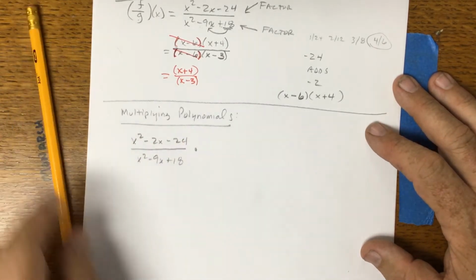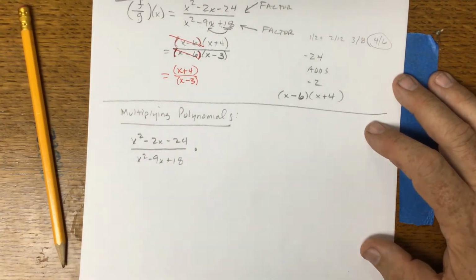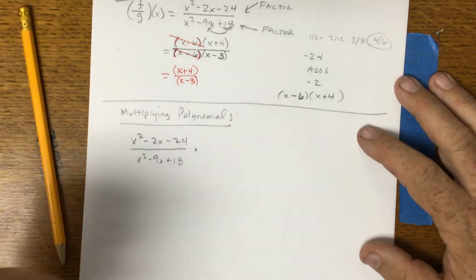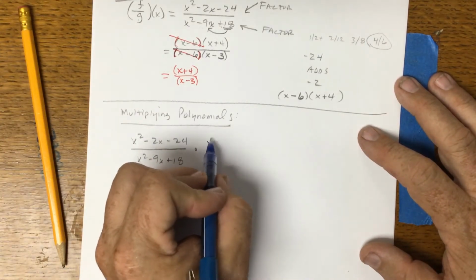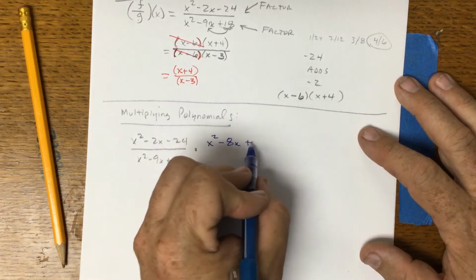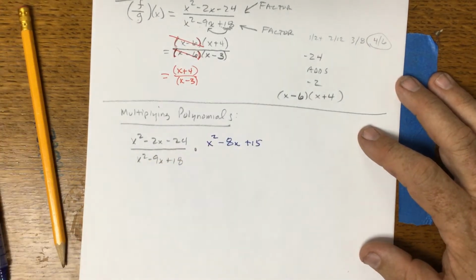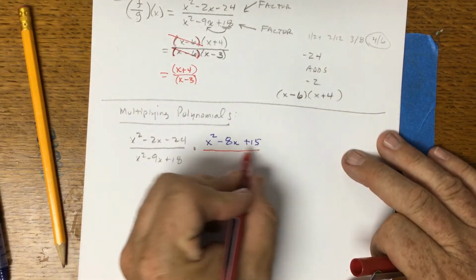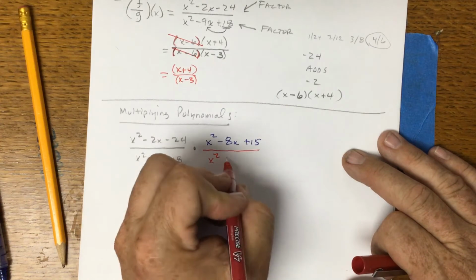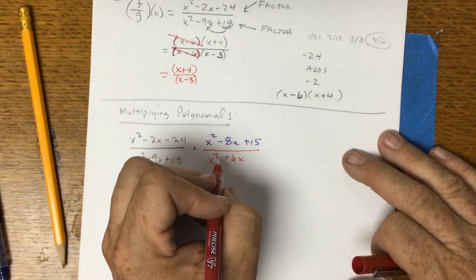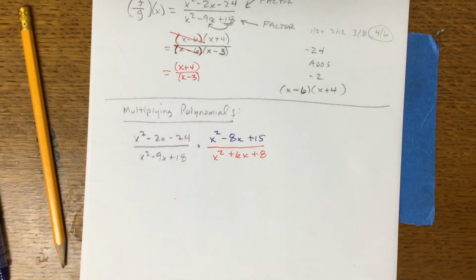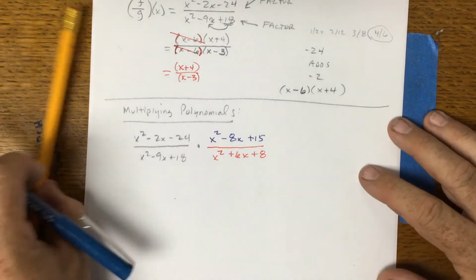And I'm going to multiply that by something a little different. I'm going to do it in different colors. So we've got x squared minus 8x plus 15, and then we've got x squared plus 6x plus 8. So I've got a couple different pieces there.